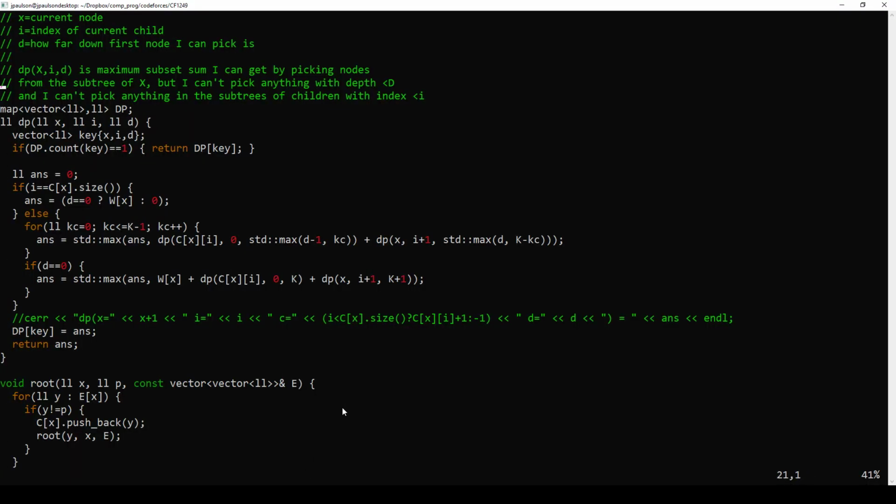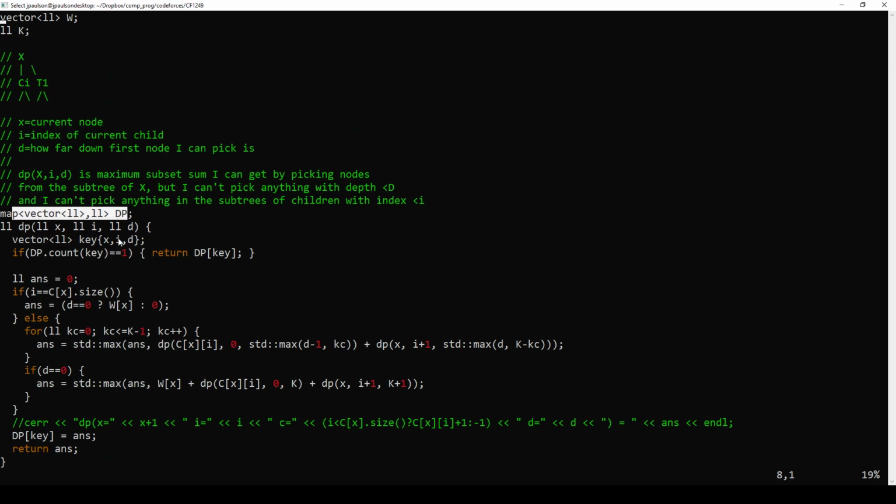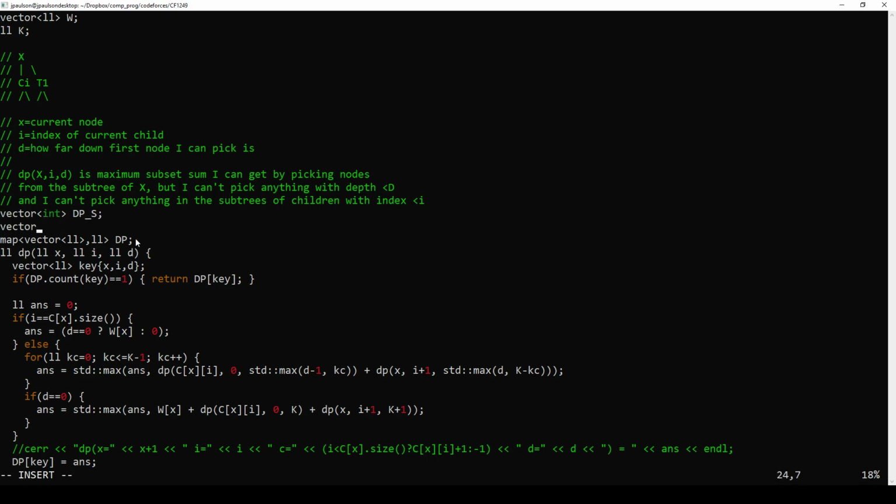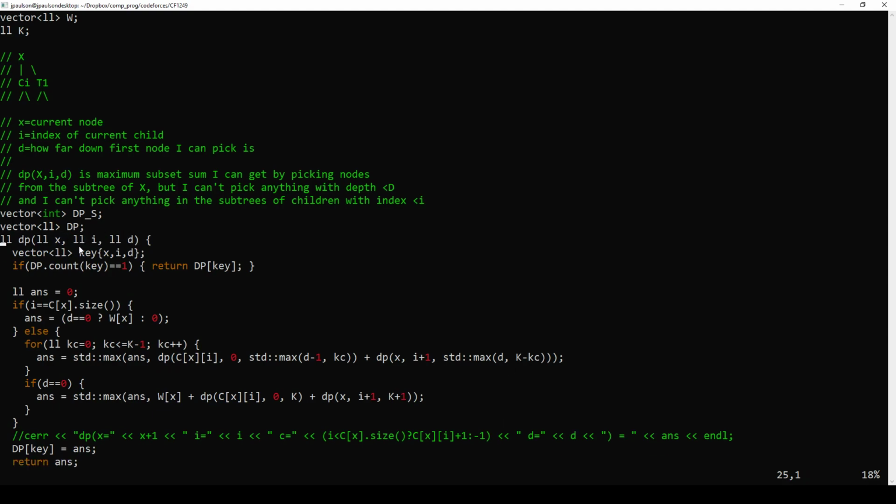So probably the worst thing that's happening here is this map. Maps are just really slow. So I'm going to do the thing that I usually do, which is faster but uglier. So instead of using this arbitrary key, we're going to map it into a denser thing.